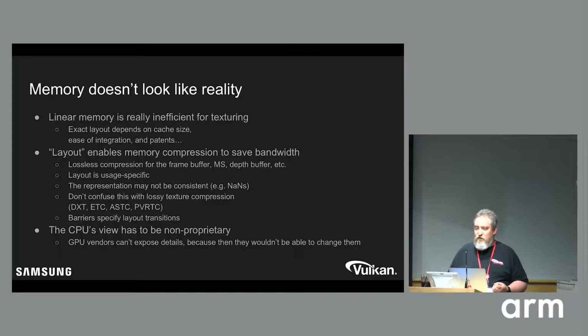And the GPU vendors generally can't expose all of their dirty laundry on how this stuff is laid out, because then they wouldn't be able to update their designs very easily. Desktop guys do have some layouts that are standardized, but that's not currently the case in mobile. So if you're going to access stuff from the CPU side, you still need a standard, simple layout, but that's not an efficient thing for the GPU to be using most of the time, so you need to handle transitions between them.